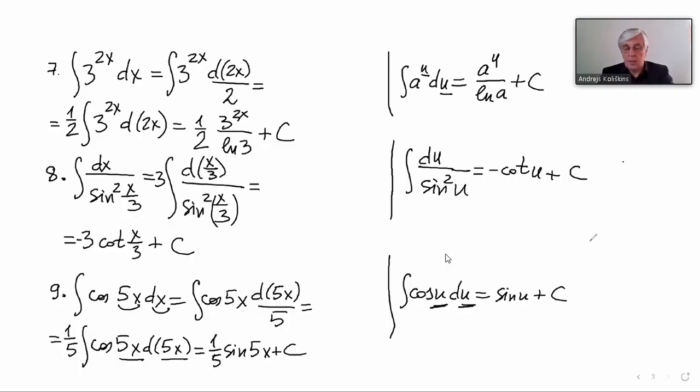All right, then the next part, we can actually combine the first and the second approach. So this works, for example, for these cases. When you need to integrate, for example, this function, then you need to multiply and divide by 2, right?